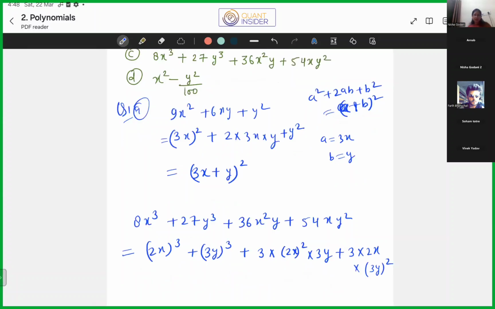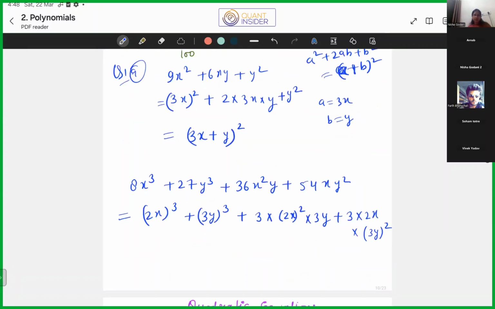Is it clear to everyone this step? Yes. So which identity is this? The actual identity is a plus b whole cube. This is equal to a cube plus b cube plus 3a square b plus 3ab square, or you can write 3ab times a plus b.